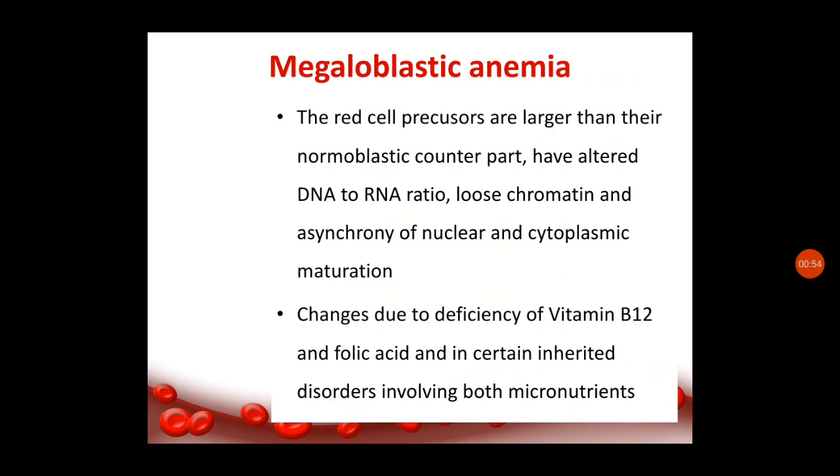In megaloblastic anemia, the red blood cell or the red cell precursors are larger than their normoblastic counterpart, have altered DNA to RNA ratio, loose chromatin and asynchrony of nuclear and cytoplasmic maturation. So what is happening here is in the red cell precursors.